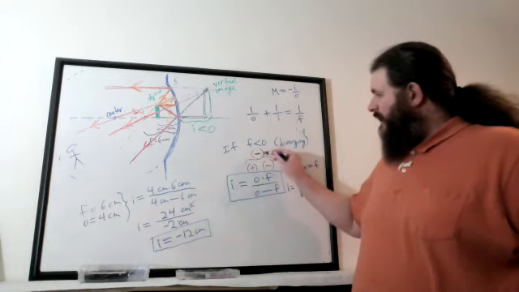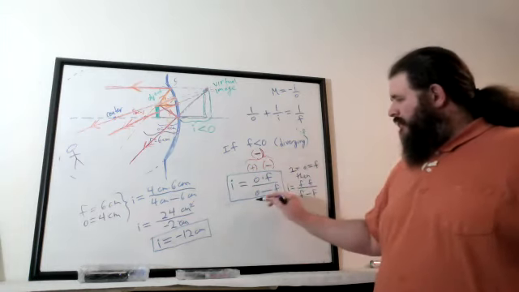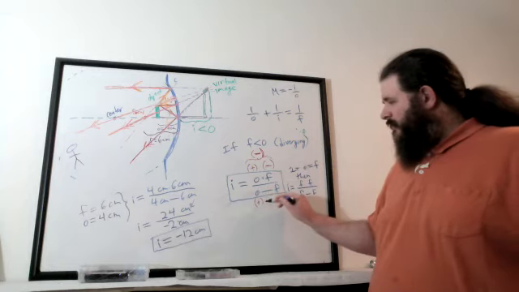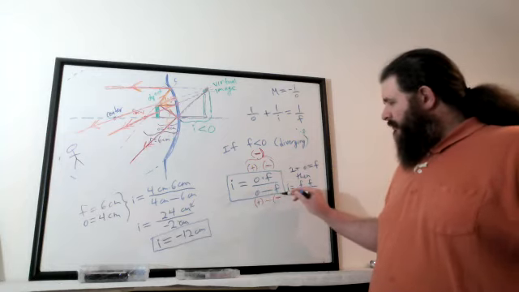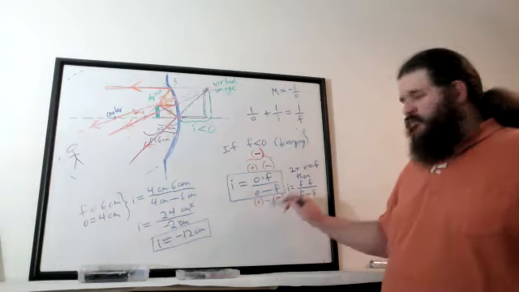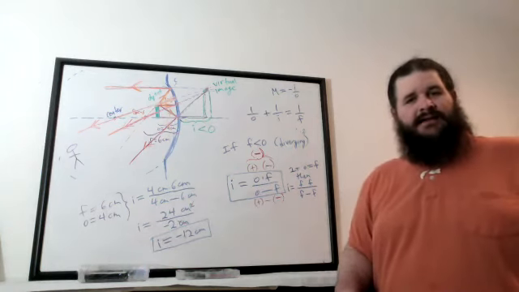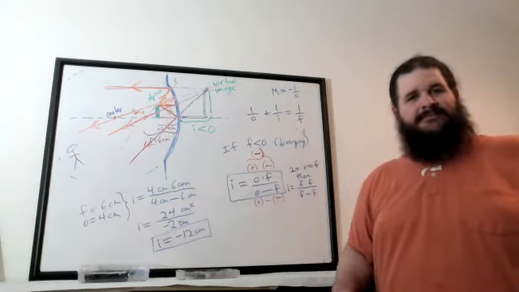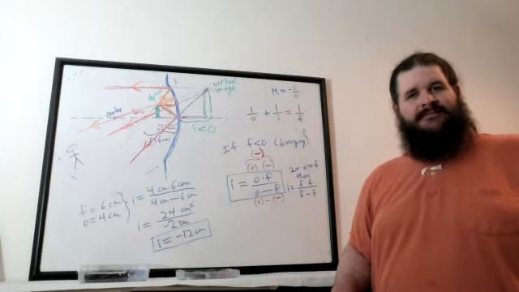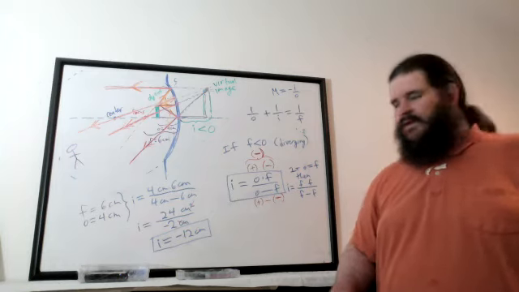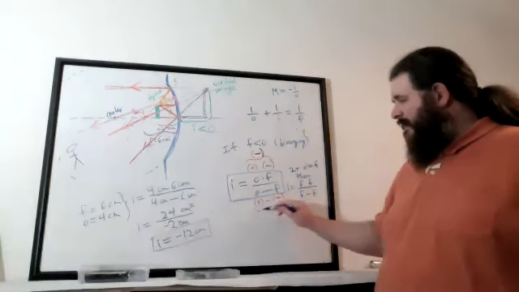So the numerator is negative. And then for the denominator, we've got O, which is positive, minus F, which is negative. If you've got a positive and you're subtracting a negative, what do you get? Positive. Yeah, subtracting a negative is the same as adding a positive.